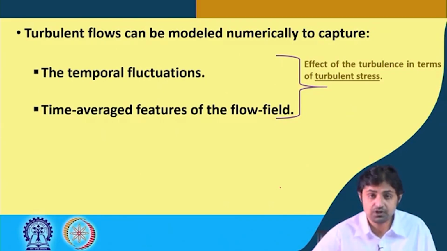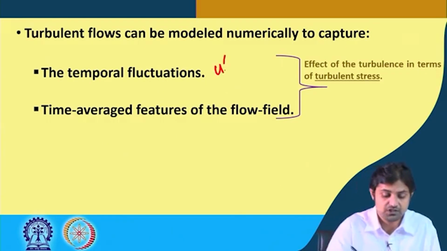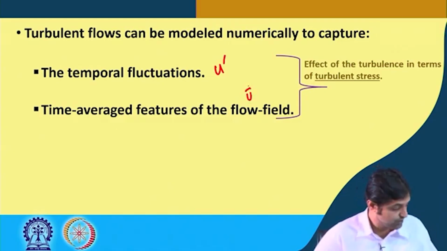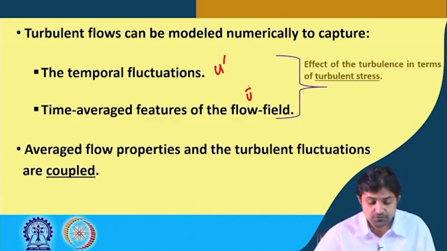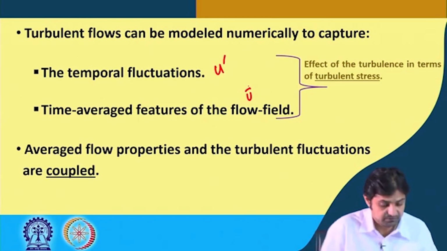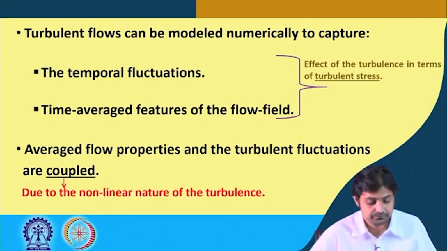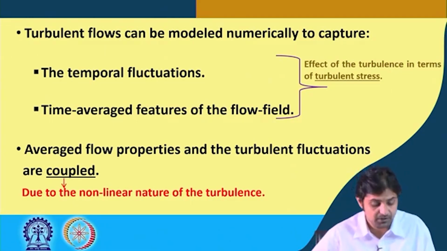You remember we mentioned U prime and U bar in our laminar and turbulent flows. So average flow properties and the turbulent fluctuations are actually coupled. And why are they coupled? Due to the non-linear nature of the turbulence. This is all the information that we know from before.